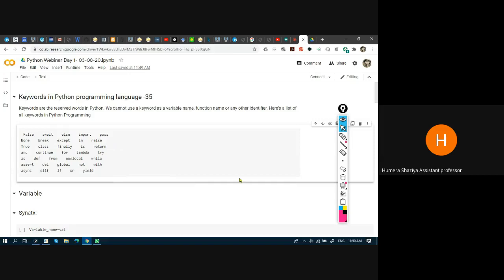And in this environment, you find the program split into units called cells. This is one cell. And in Colab and Jupyter, you have two kinds of cells, code cell and text cell or markdown cell. Markdown cell is like a comment.